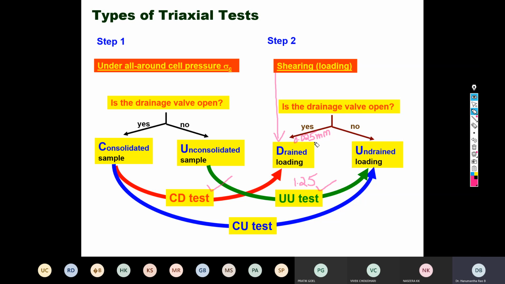That is the reason we require around 15 days or 1 month of testing time for the CD test. Okay, so I hope it is clear to you all why each soil type requires its own triaxial cell testing.